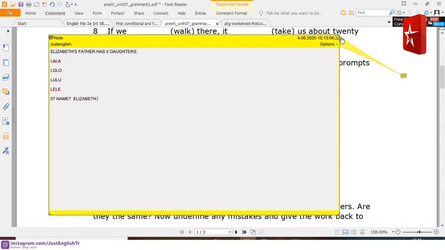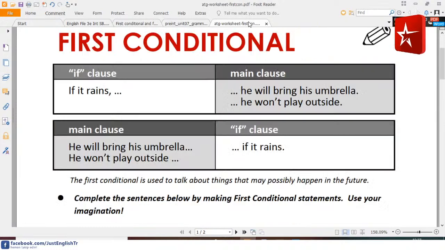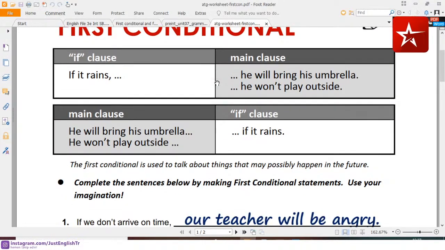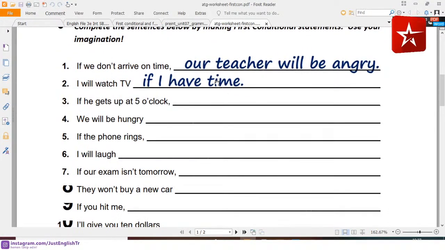All right, and let's continue with the last task. The last task is about the first conditional, as you know, and we have to complete these sentences using our imagination, our own ideas.